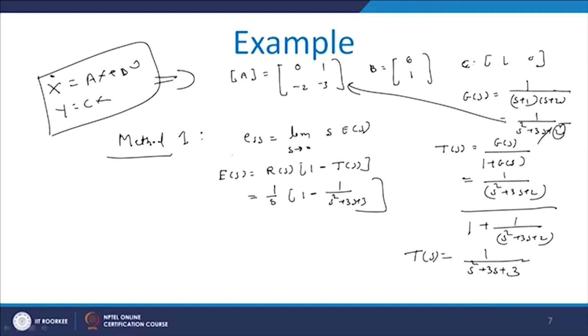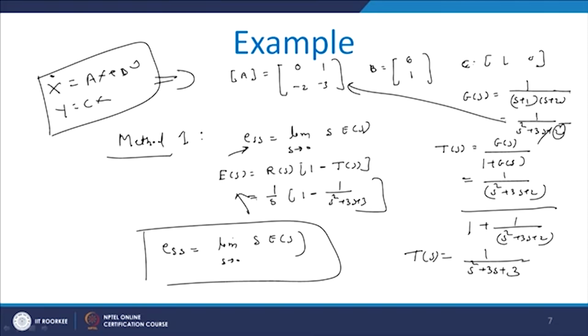Now, we have to use the final formula, this e_ss. Now, e_ss equals limit s tends to 0 of s into E(s), this is the formula. Now, E(s) is like this. Now, s we have to multiply and see what result we get. So, here the steady state error equals s multiplied by 1 by s times 1 minus 1 upon s^2 + 3s + 3.